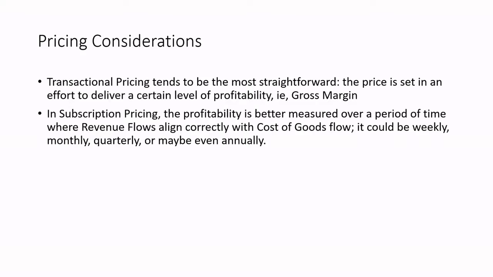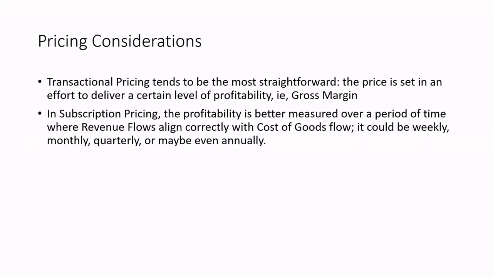In subscription pricing, that profitability might occur to us over a period of time. And over that period of time, we're allowed to align the revenue flows from the subscription with the cost of goods flows so that we can accurately measure our profitability. In a subscription, we might have a lot of upfront costs that we incur in order to receive the revenue over a period of time.